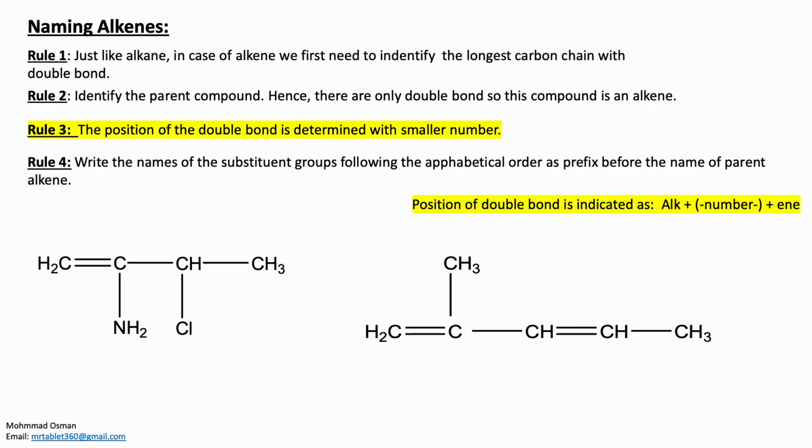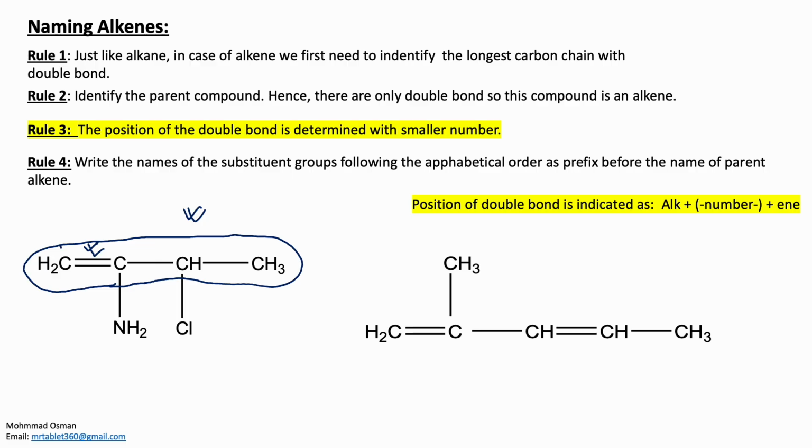So we have 2 more examples here. Let's start with this one first. We first need to find the longest chain with the double bond. This is the longest chain with the double bond. And definitely this is an alkene because this compound only contains a double bond. Now we need to position the double bond with the smallest number.